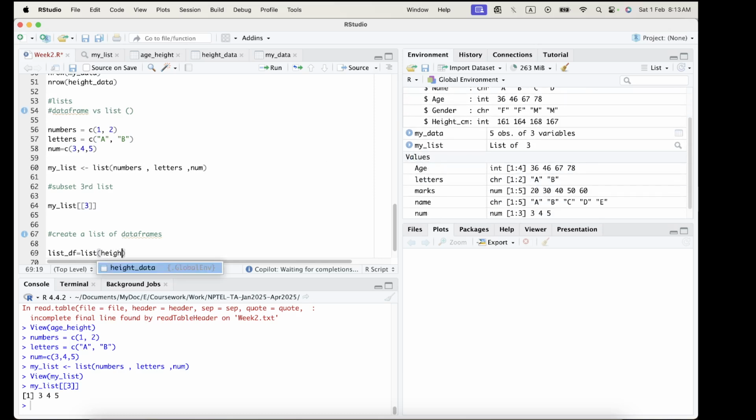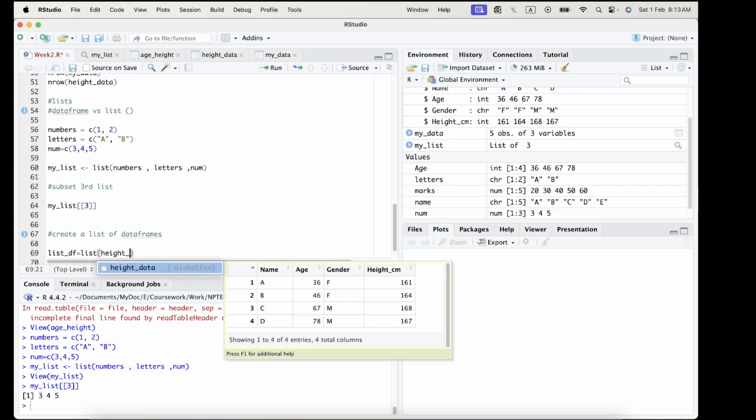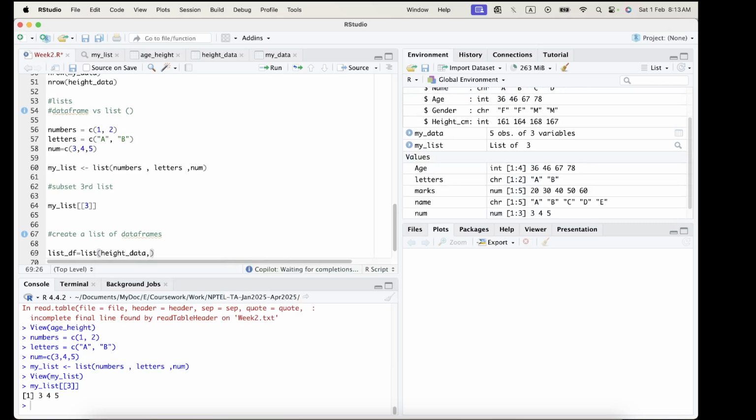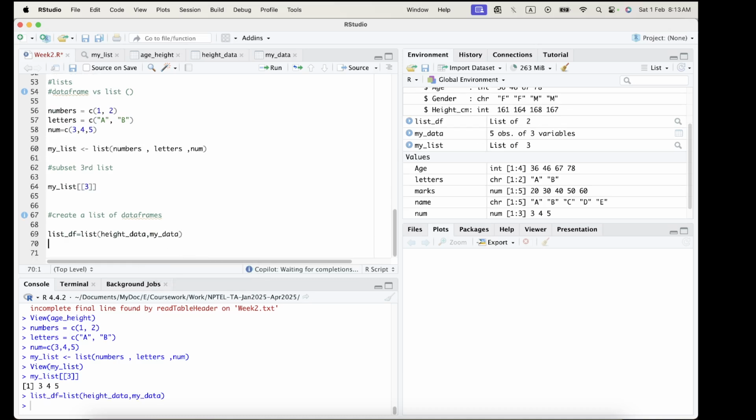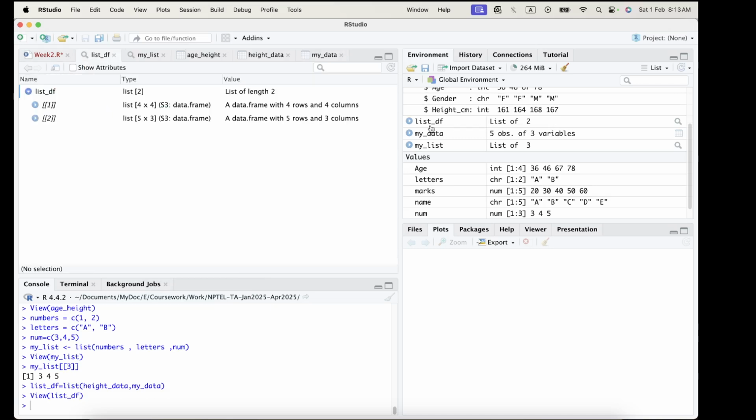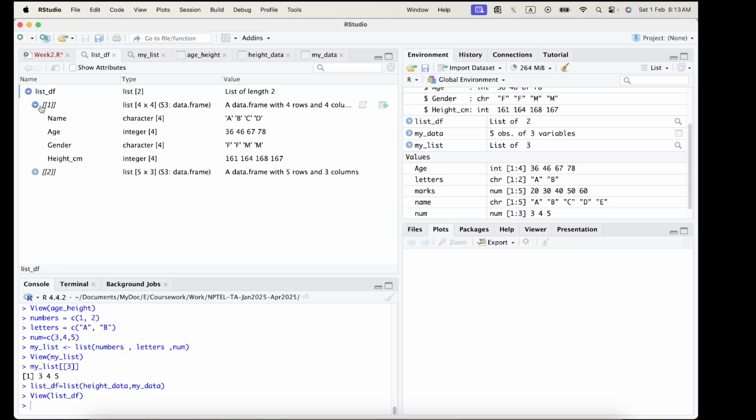One is height data and the other is my data. So this list df is a list of 2, where the first element is the data frame which contains information on height, and the second is the data frame which contains information on marks.